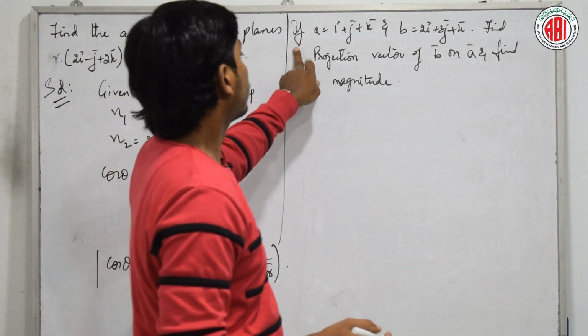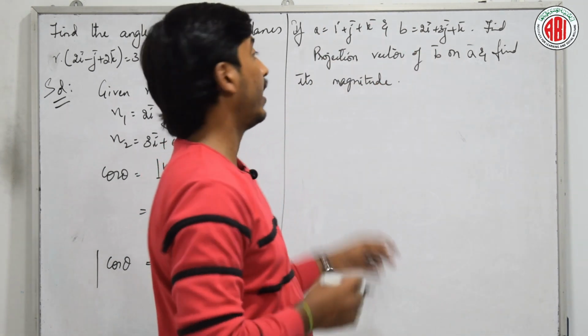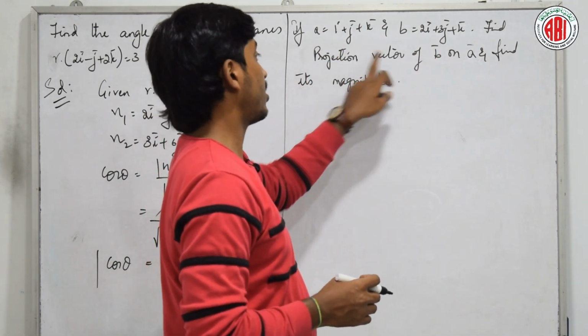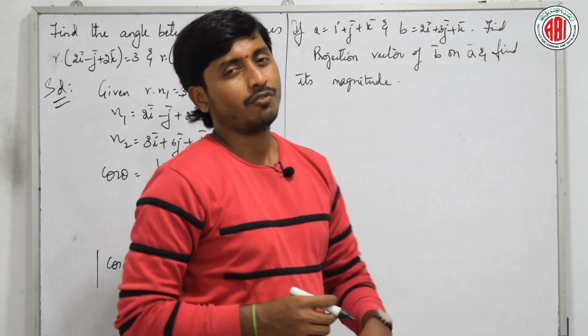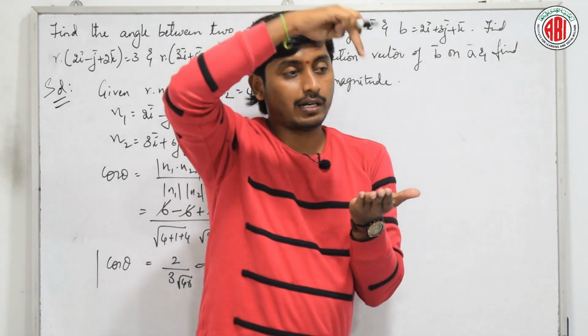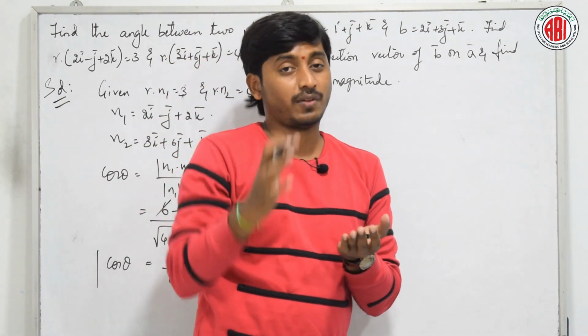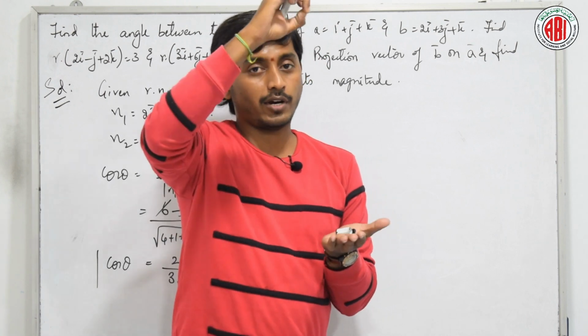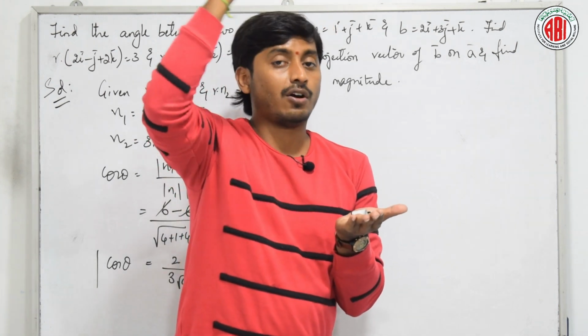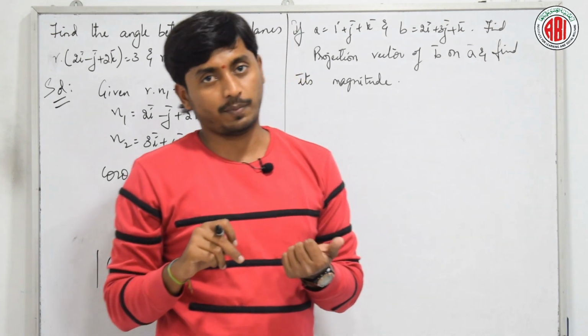See here, if A and B are given, then he is asking us to find the projection vector of B on A. What is this projection? Projection in the sense it has a perpendicular term on it. For example, if there is a point, it is something like a foot of the perpendicular, right? We have a point, we need its image or we need a projection of this point on that particular plane. Then how do we represent it?